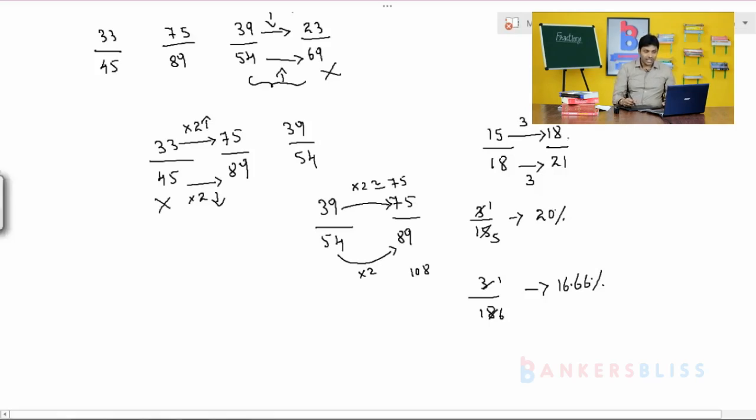Therefore, here 18 by 21 is the greater one, the maximum one.